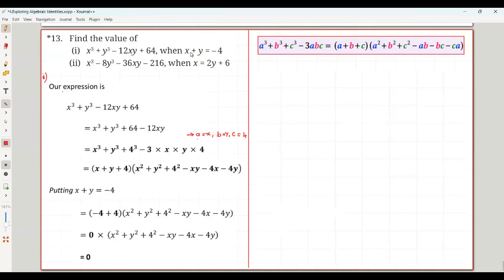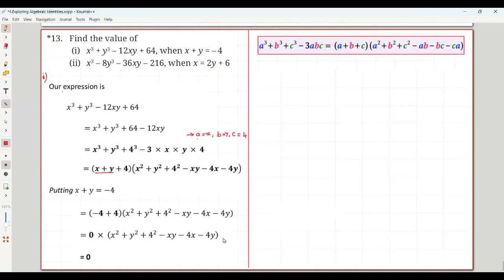Next, what do you have to do? Just write x plus y is equal to minus 4. So in the place of x plus y, just take minus 4. What is coming? Minus 4 plus 4, which is 0.